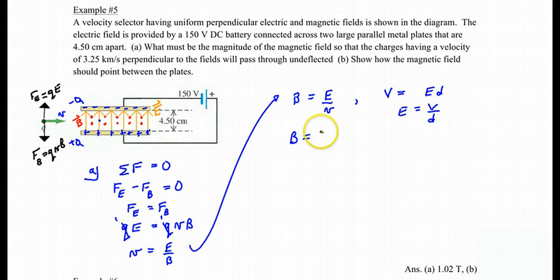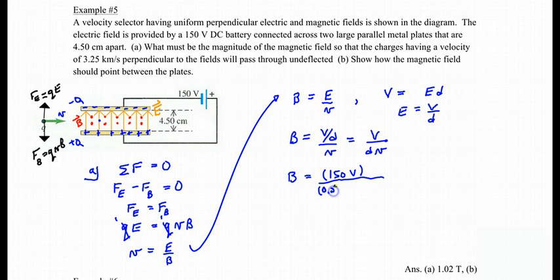We get B equals V divided by D, divided by the velocity. Or I suppose you could write it as the voltage divided by the distance times the velocity. So let's now substitute in. We have a voltage between the two plates of 150 volts. And then we have the distance between the two plates as 4.5 centimeters.